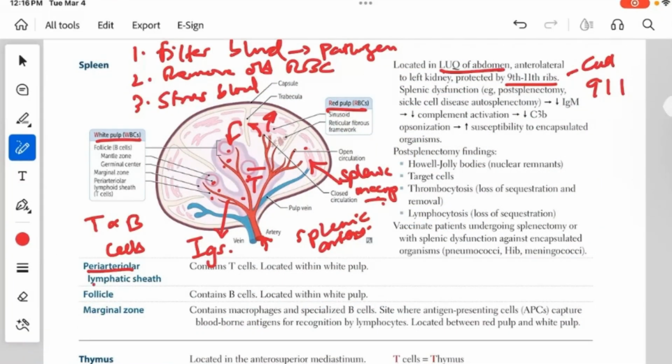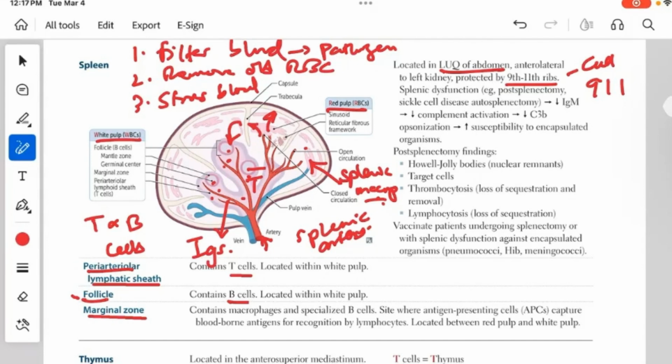You have the periarteriolar lymphoid sheath, which is in the white pulp. The white pulp has three main structures: the periarteriolar lymphoid sheath, the follicles, and the marginal zone. The periarteriolar lymphoid sheath contains the T cells, and the follicles contain B cells, just like in the lymph node, and they produce antibodies against the pathogens.